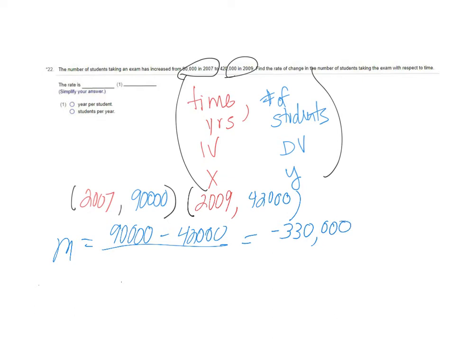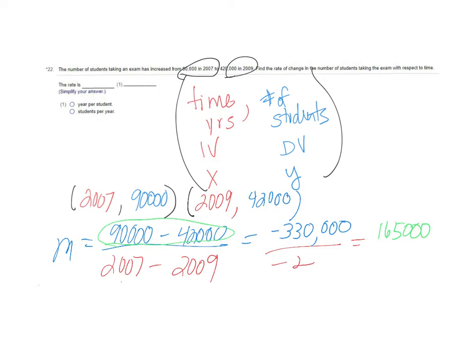And then if we take and see the change between 2007 and 2009, that's going to be negative 2. When we divide that out, we are going to have 165,000.